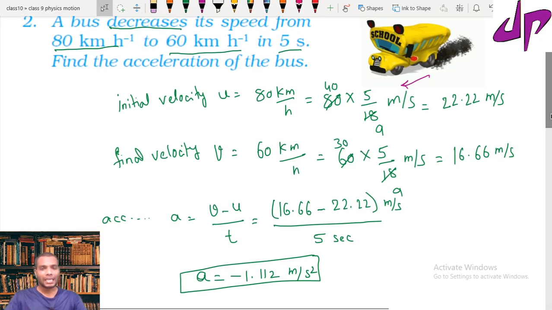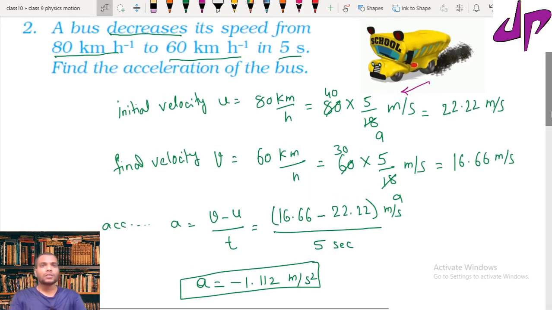All words are the same. Since the brakes are applied, the bus decreases its speed, and automatically its acceleration also decreases. So this is one example for negative acceleration.